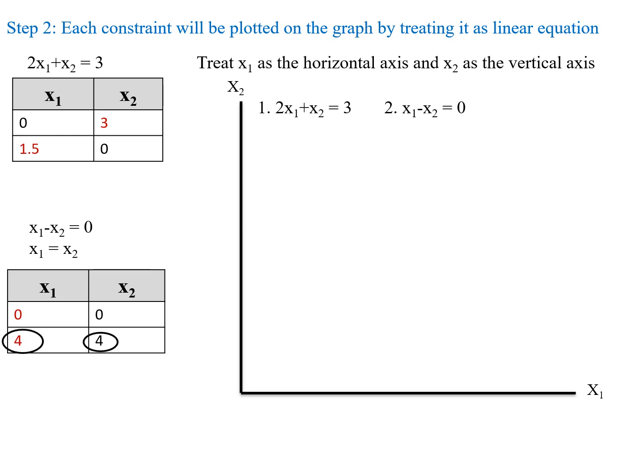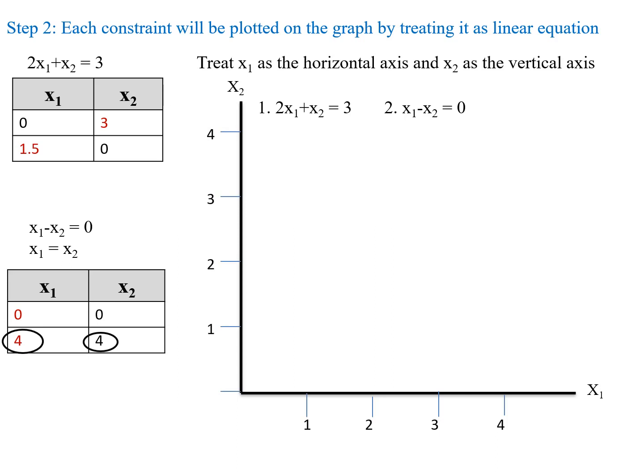Here, observe that 4, 4 are the highest values for the x1 and x2 decision variables. So mark 1 centimeter equal to 1 unit on the graph sheet and go up to 4 units on the x1 and x2 axes. This should be like this.